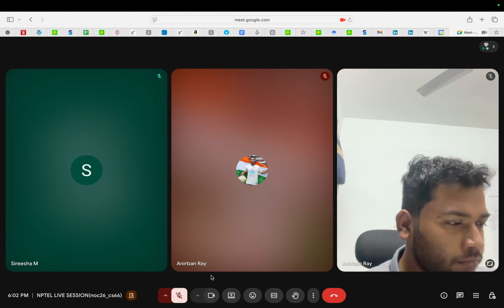Next, the matrices are 1 0 1 1, 1 0 1 1, then 0 1 0 0, 0 1 1 0. Next, we have 1 minus 1 1 0 1, minus 1 1 0 1. Just check if it is correct. So this is what we have.